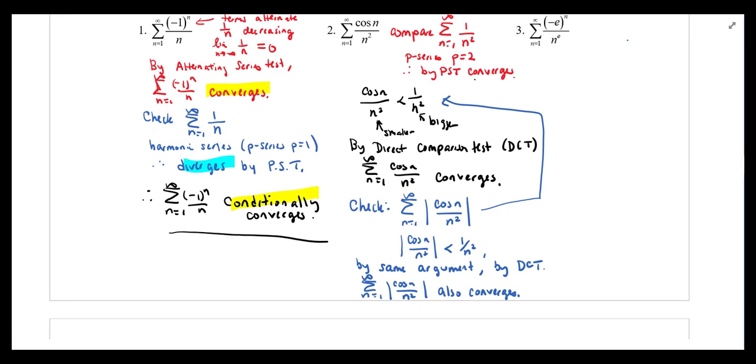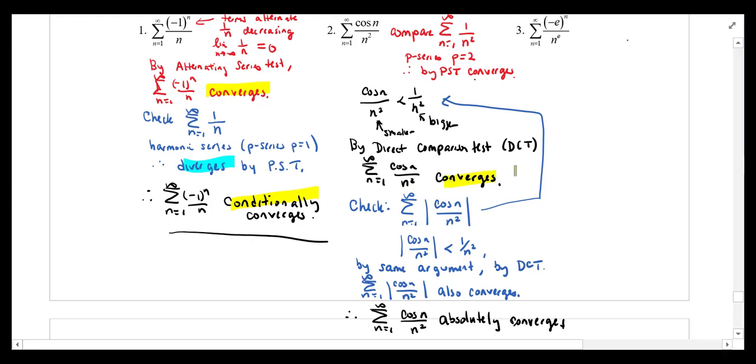I'll say, therefore, the original function absolutely converges. Why is it absolute this time? Because the original one converges, the absolute value one converges, therefore this absolutely converges.